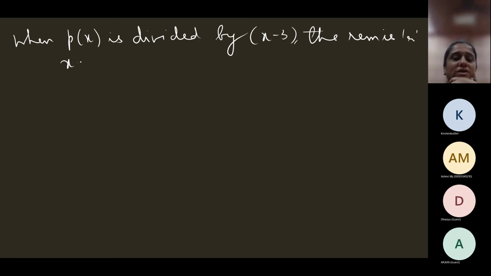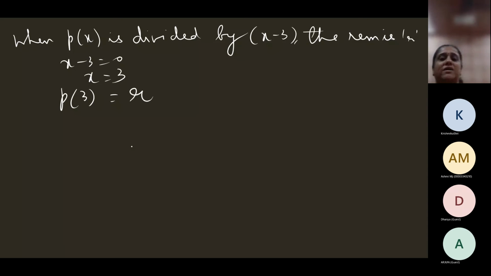That means x minus 3 is equal to 0, x is equal to 3. P of 3 is equal to the remainder, which is r. If it is a factor, you should write 0 here because the remainder will be 0. Otherwise, write the remainder. P of 3 is equal to r.